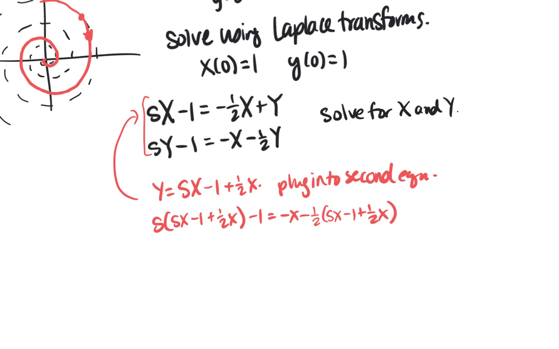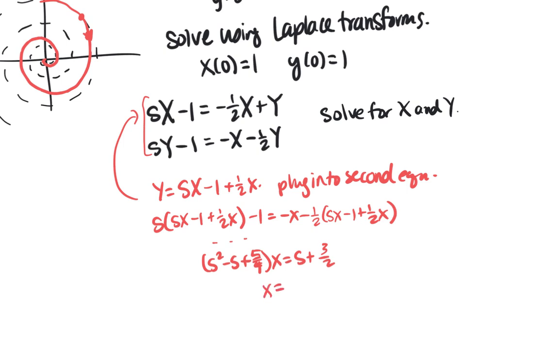And so I'm basically going to end up with, I'll do some algebra, and then I'll get s squared minus s plus 5/4 times x equals s plus 3/2. And so I can solve that for x.